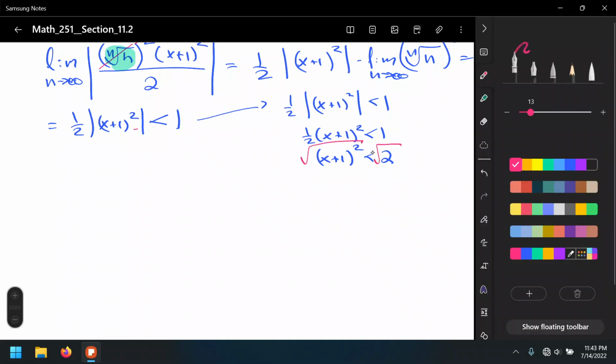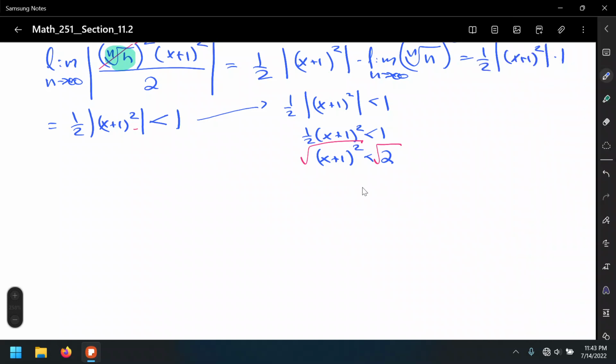I know I'm missing the plus minus here, but I'm not going to write it, because I'm left with the square root of 2. Recall that the square root of a squared variable is the absolute value of x plus 1. From here, I set x plus 1 less than the square root of 2 but greater than negative root of 2.